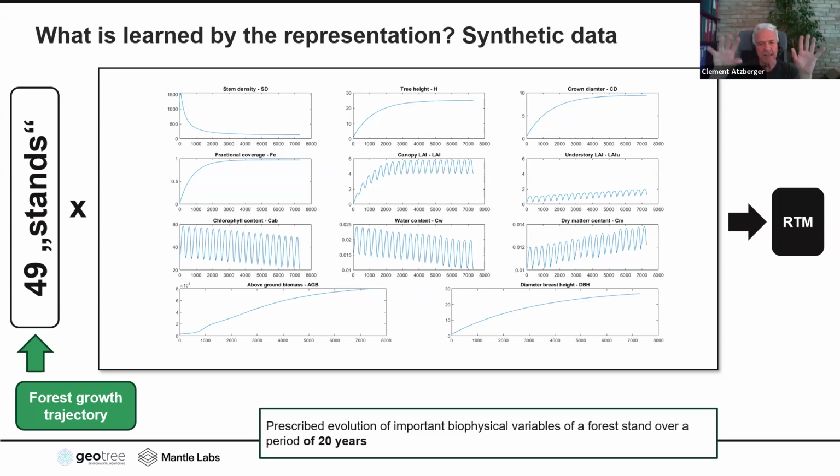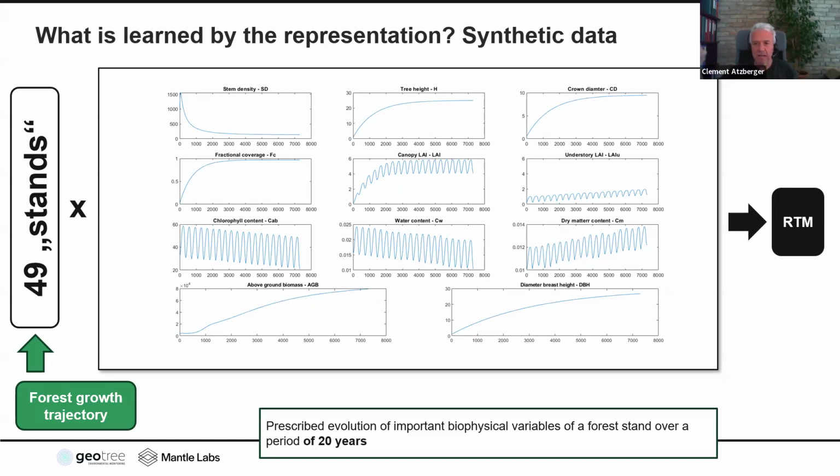So each stand I parameterized a bit in a different way. What I enter is a kind of typical growth behavior of 49 different forest stands. One is shown here, only 1 out of 49. What I input is an evolution of stem density, the top height, the tree height, the crown diameter.